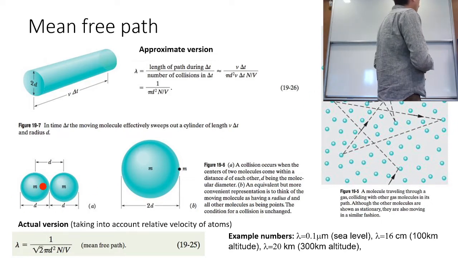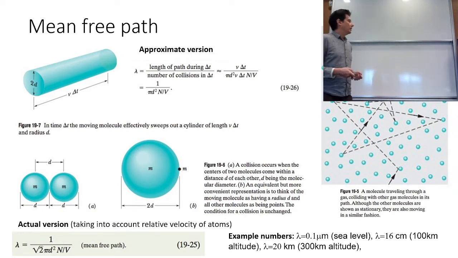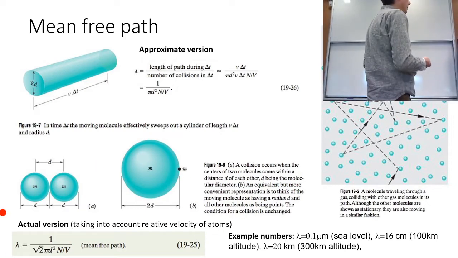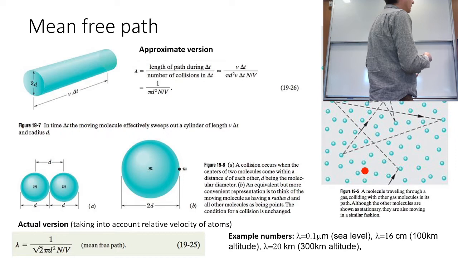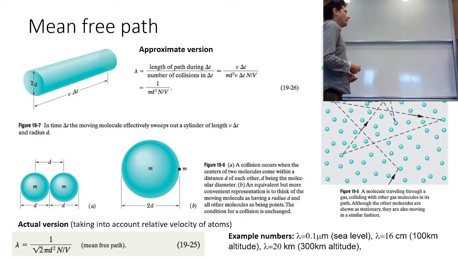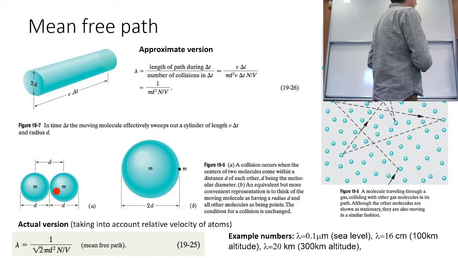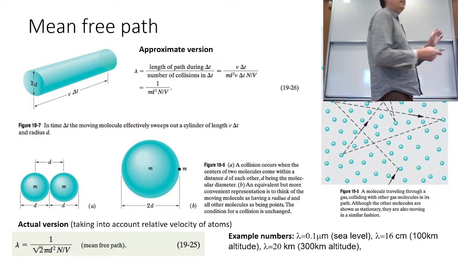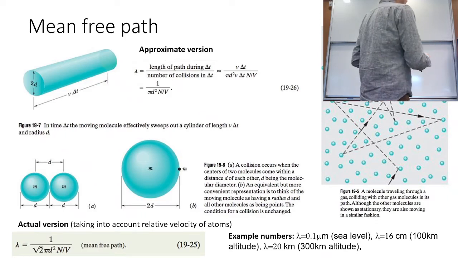If you've got two atoms like this, then the distance between the atoms is d. Another way to think about it is that if we think of the thing we're injecting here as just a point, and all these other atoms as fixed balls, then an atom will collide into another atom if it's within a distance d of the center of another atom.